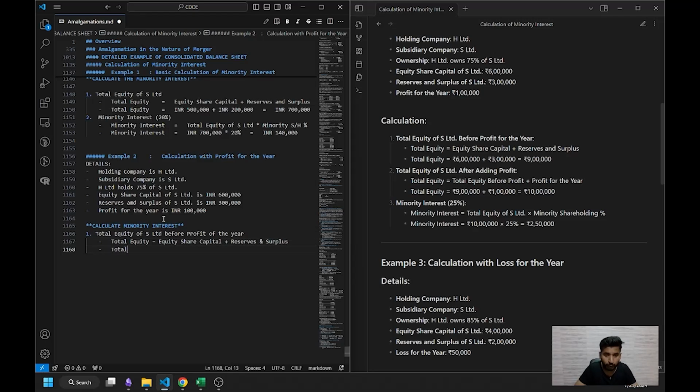That means the total equity equals rupees 6 lakhs plus rupees 3 lakhs. That is equal to rupees 9 lakhs.